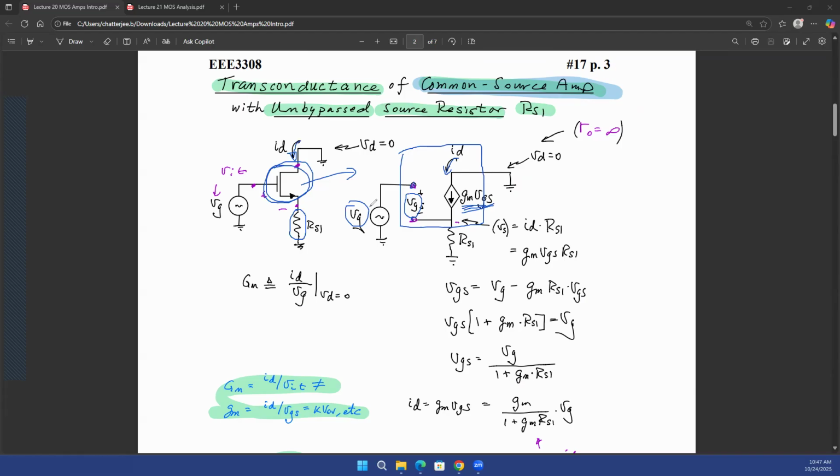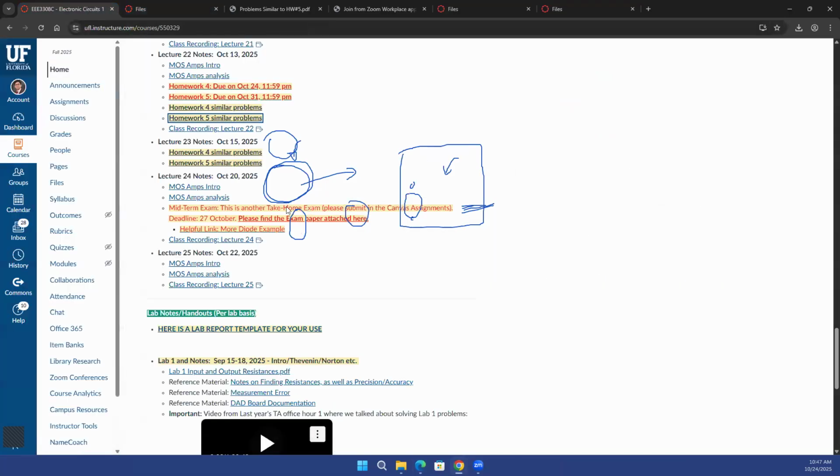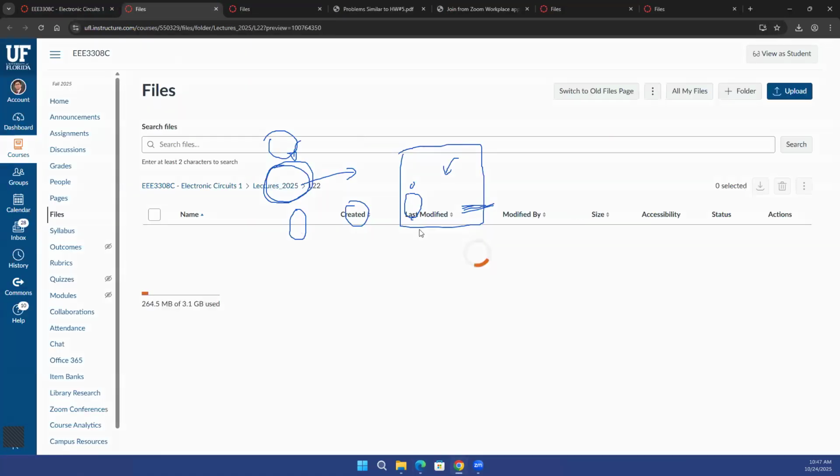That's the biggest difference between the ID in your homework 4 and this lowercase ID that we are learning now. Let's see homework 4 similar problems.